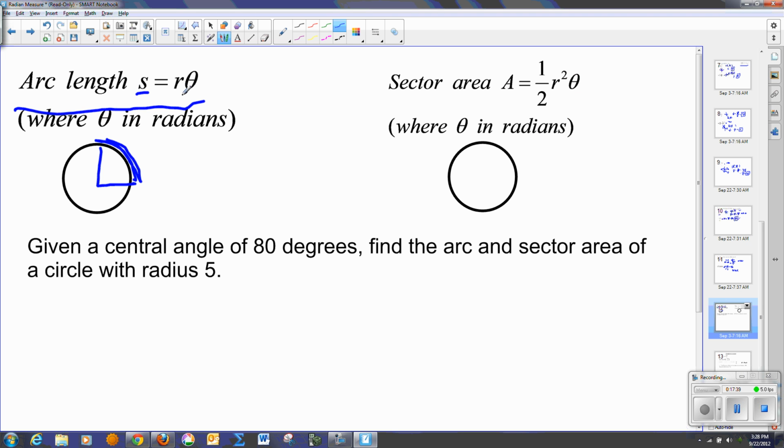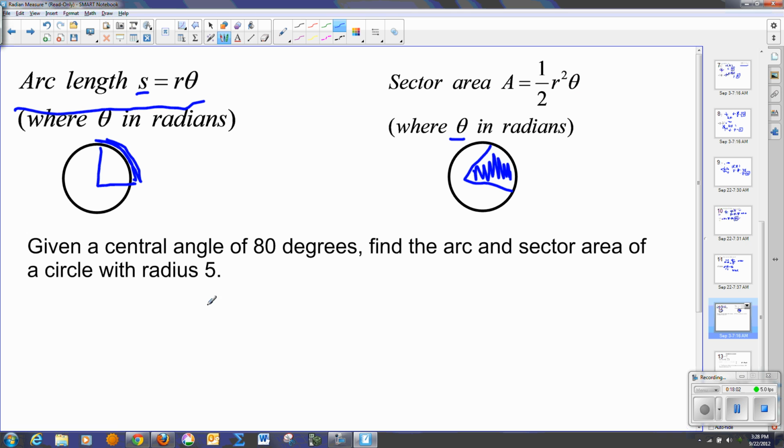You have to multiply the radius times the angle, but the angle has to be in radians. If we wanted to find a sector area, that would mean taking a piece of pie out of the circle and finding its area. That's equal to a half the radius squared times theta. And again, theta has to be in radians to do this.